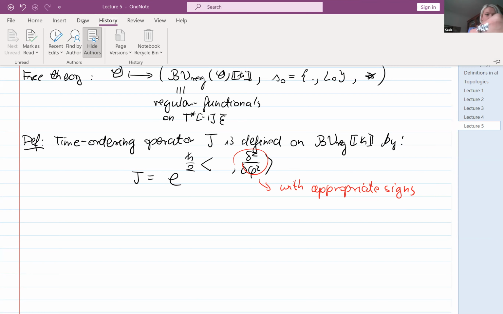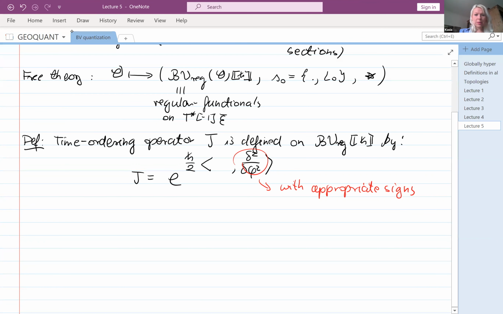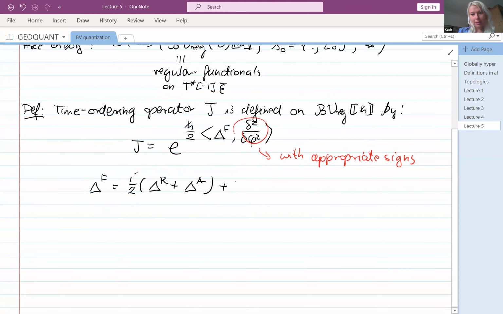And this is contracted with something called the Feynman propagator. So that is yet another integral kernel. So Delta_F is I over 2. We had those retarded and advanced Green functions. So we have a sum of those plus the symmetric part that we used in the definition of the star product.